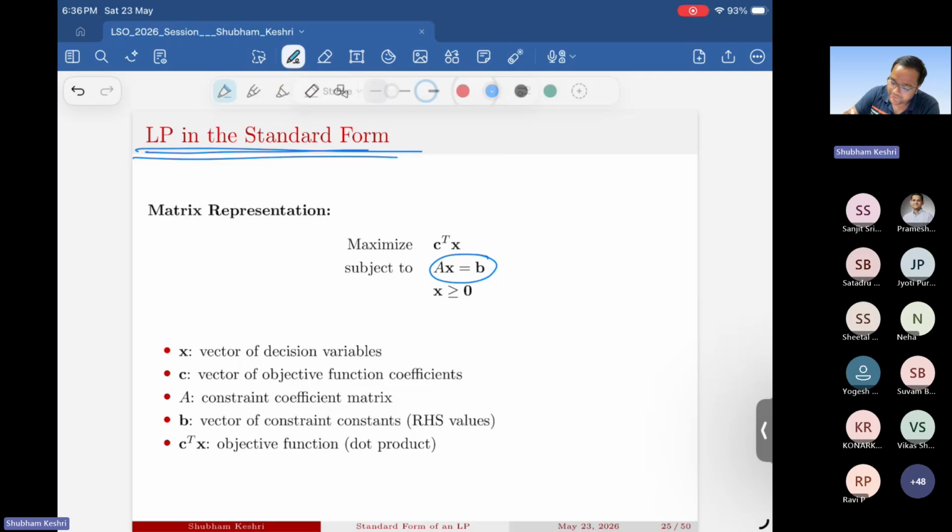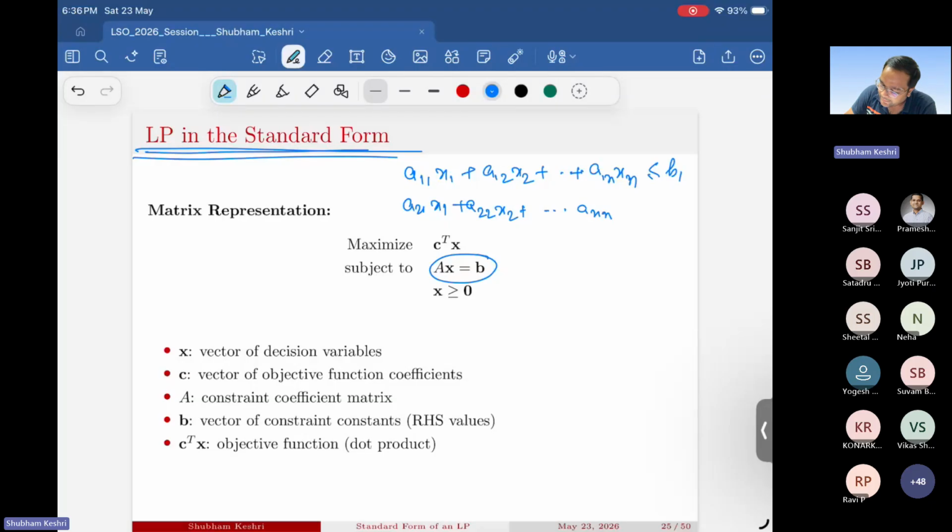Suppose you have two constraints: A11 x1 plus A12 x2 plus dot dot dot A1n xn is less than or equal to B1, and A21 x1 plus A22 x2 plus dot dot dot A2n xn is less than or equal to B2.